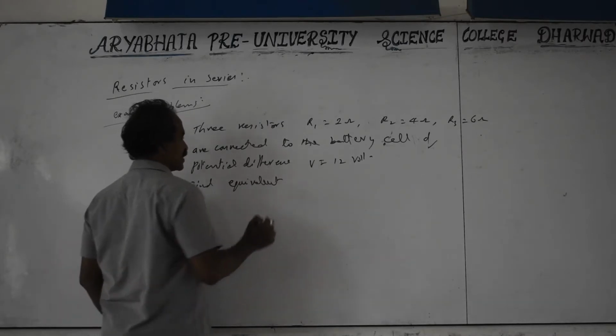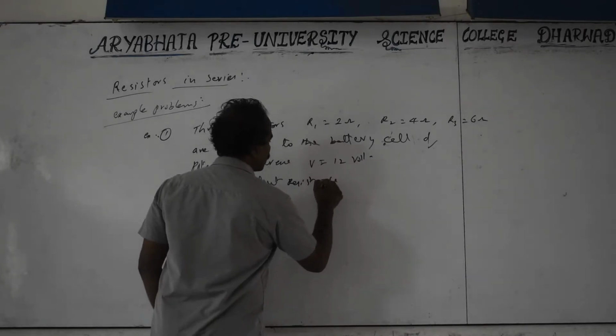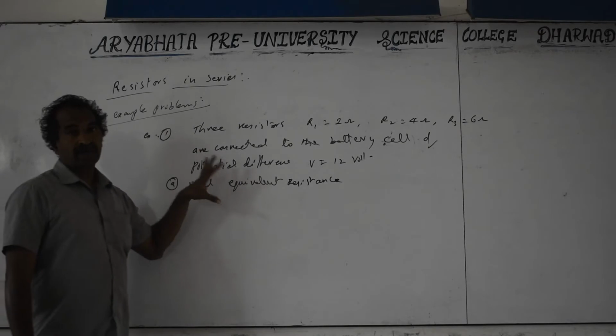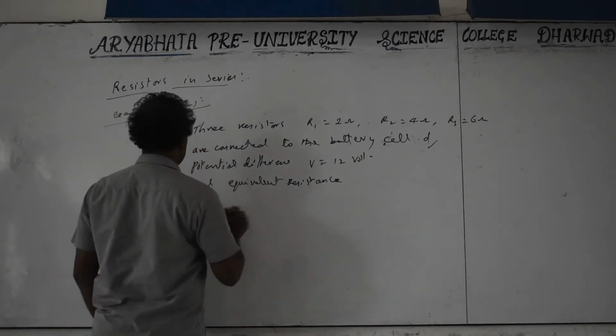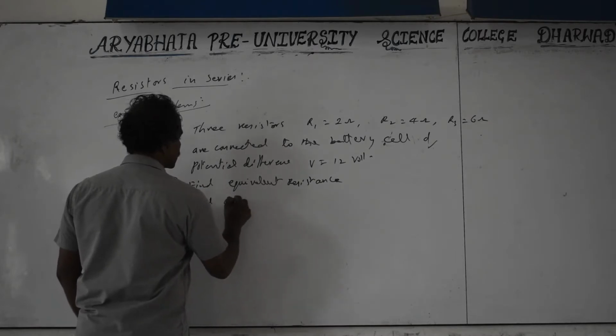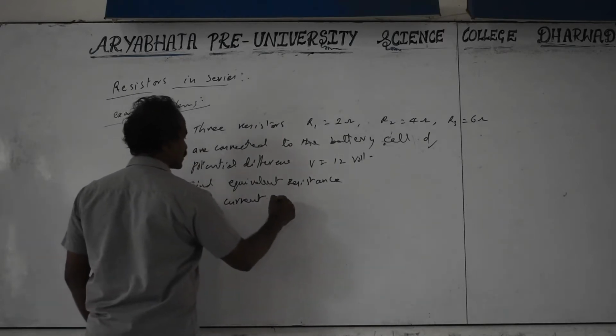Resultant or equivalent resistance. Problems are important for the series, and next we will discuss the parallel combination. Problems are very important, a 3 marks question in the board examination. Find equivalent resistance. Find current in the circuit.